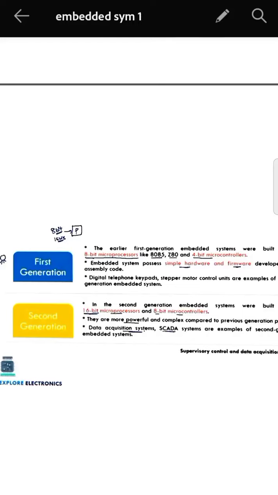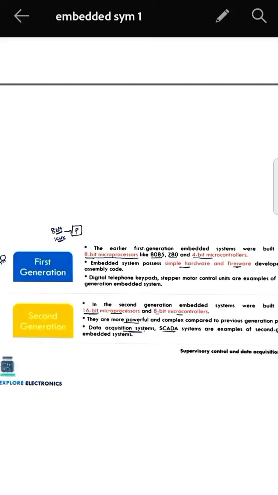In the first generation, simple hardware plus software is embedded in that. And the examples for the first generation are digital telephone keypads and stepper motor controller units. What we are using in the first generation? 8-bit microprocessor and 4-bit microcontroller.